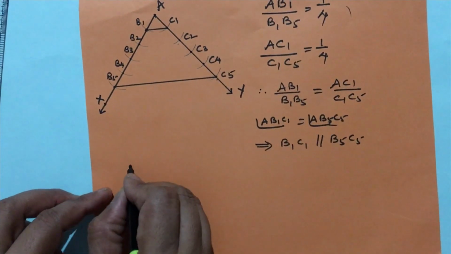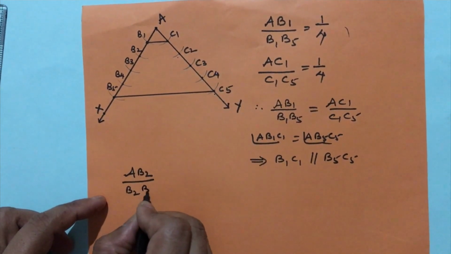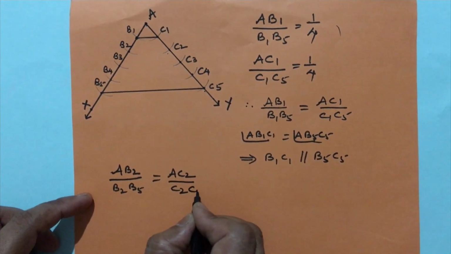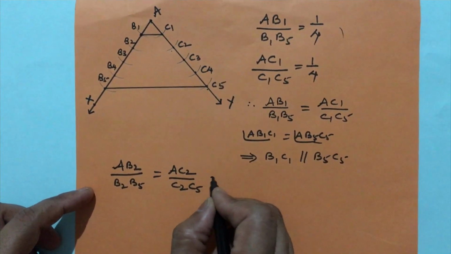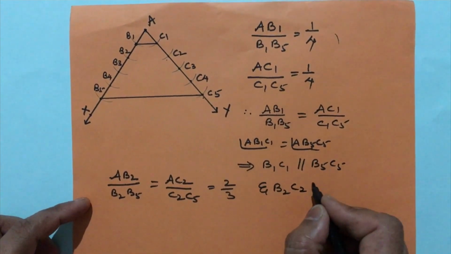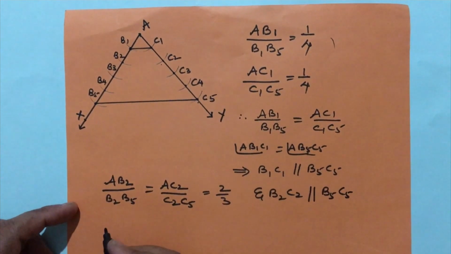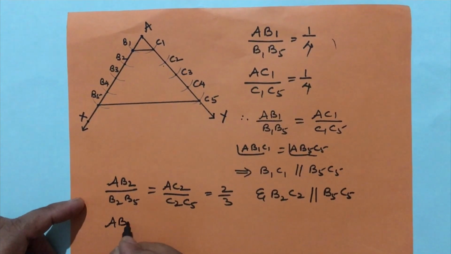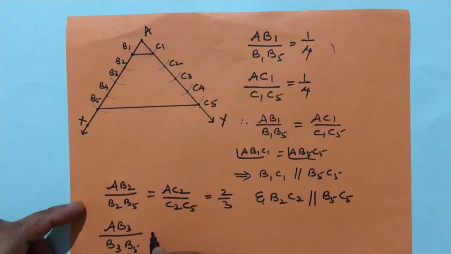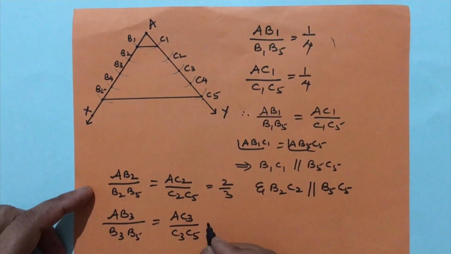You can observe in this manner that AB2 by B2B5 is equal to AC2 by C2C5, each is equal to 2 by 3, and this B2C2 is parallel to this B5C5. Similarly, AB3 by B3B5 is equal to AC3 by C3C5.